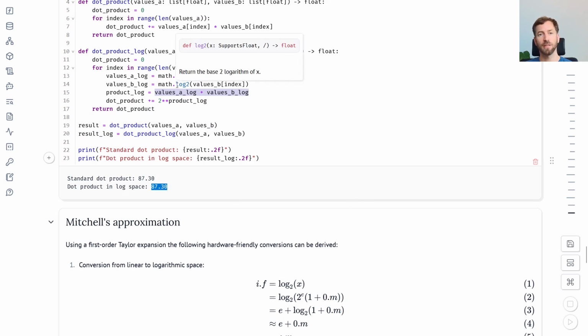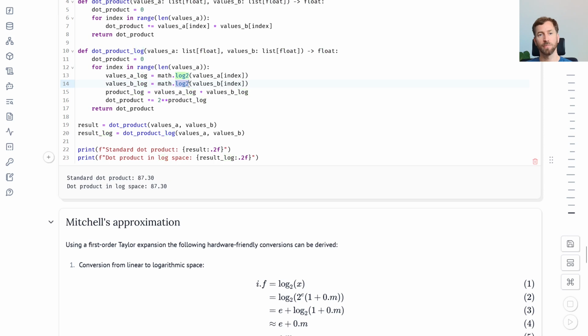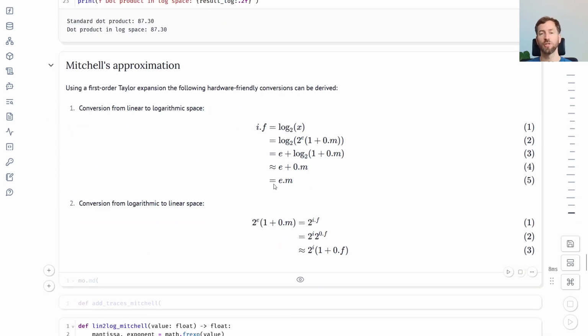However, the logarithm and 2 to the power of the products is quite complex and costly to implement on hardware. So this is why we are using the Mitchell approximation. This time we will elaborate in detail how we derive these approximations.